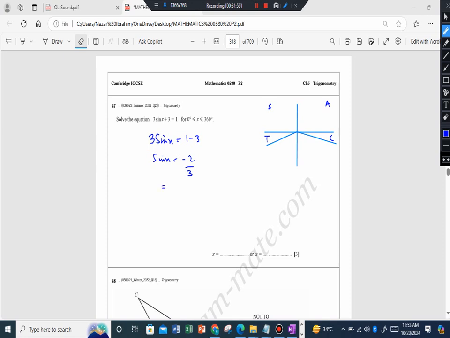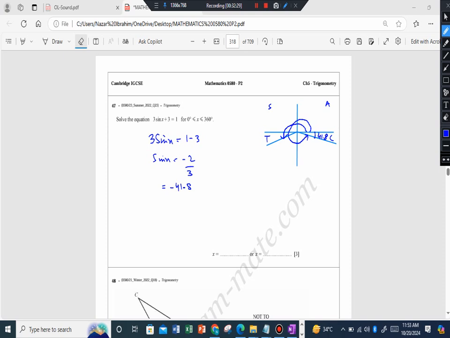This cannot be the answer according to the given range of the question, which is not negative, just positive. So minus 41.8 is clockwise, right? So if I want to calculate the first angle, it will be from here to here, and the second angle will be from here to here. So for the first angle, 180 plus 41.8 is giving me 221.8.